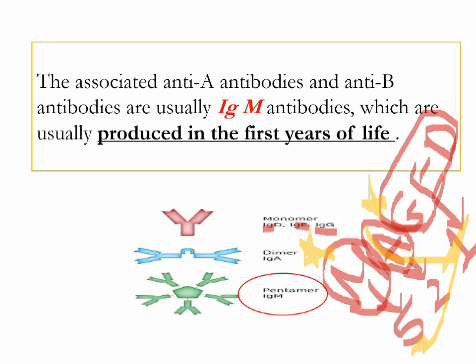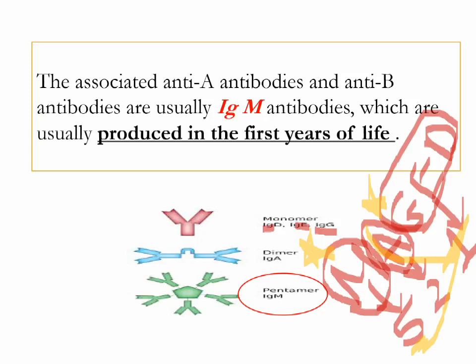So this is the first property of the anti-A antibodies and the anti-B antibodies, that they are pentamers of the IgM type. The second property of the anti-A and the anti-B antibody is that they are produced in the first years of life, which means if you are of a blood group A, your serum contains anti-B, right?